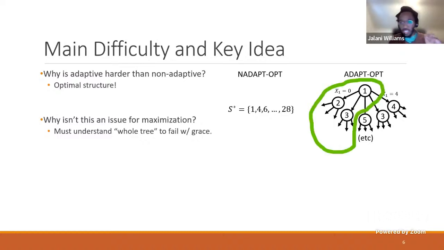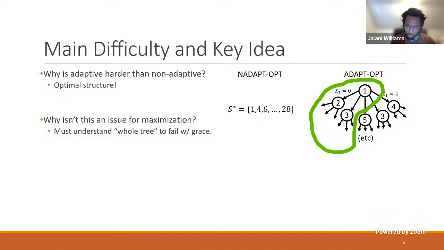When we're doing maximization arguments, we can usually say, for example, in the green part of this decision tree, something good happens and we, with reasonable probability, get something close to the optimal objective value in this case, right? And in any case where something good doesn't happen, we can just say, oh, we get no objective value in that case and we'll be fine, right?